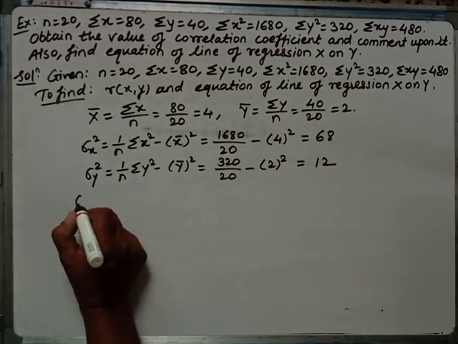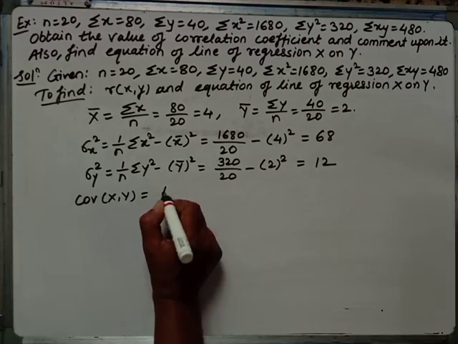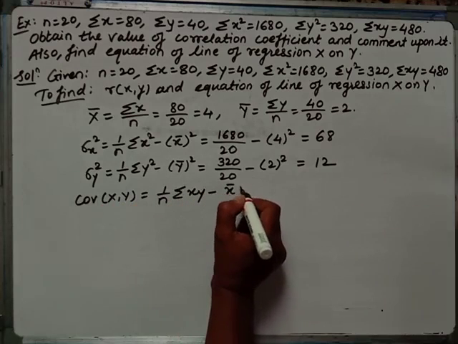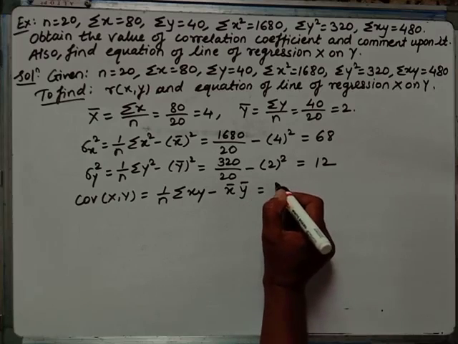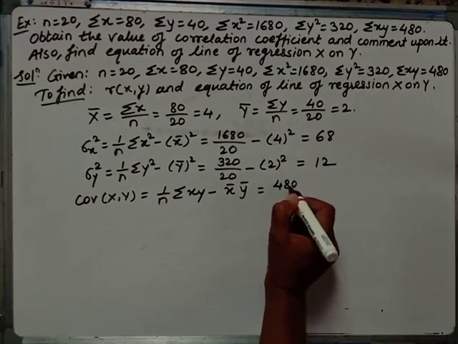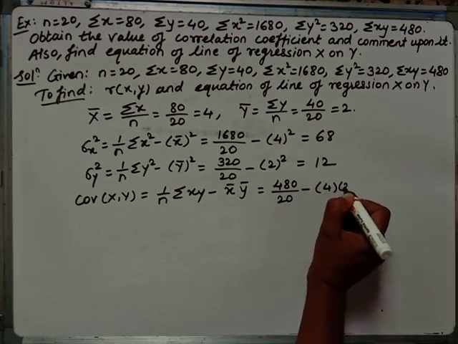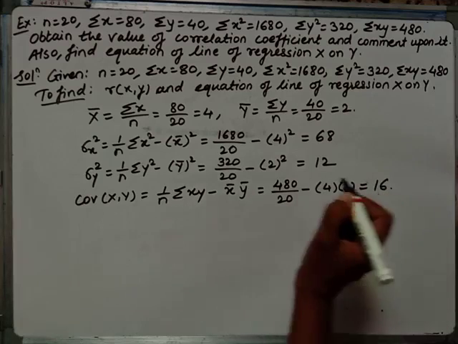Now what about covariance between x and y? It is 1 by n summation xy minus x bar y bar. So it is 480 upon 20 minus 4 into 2, and this simplification is 16.